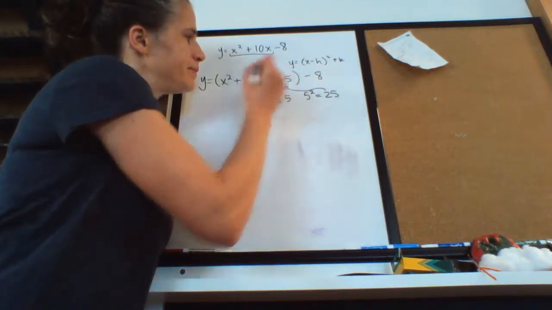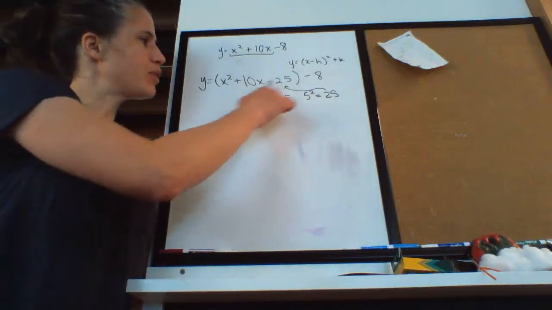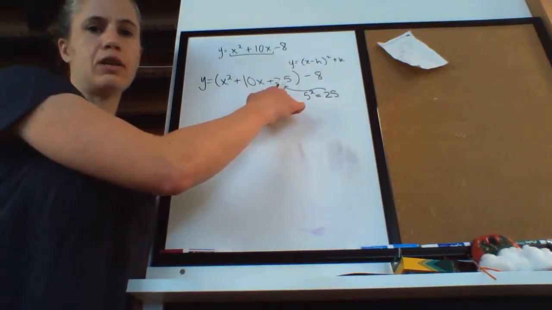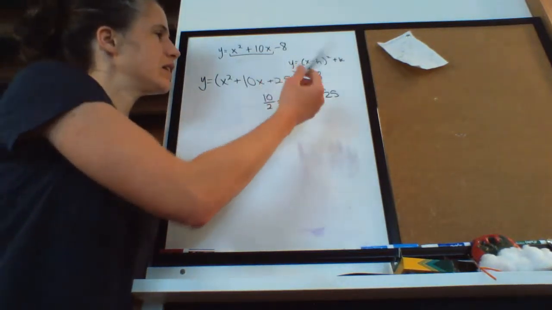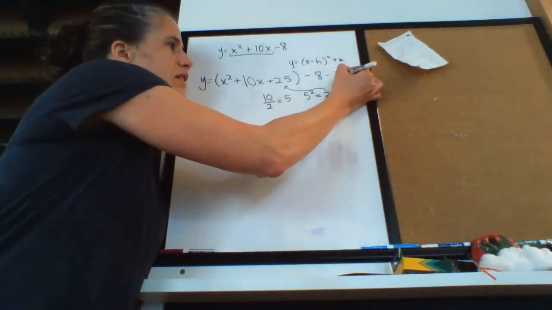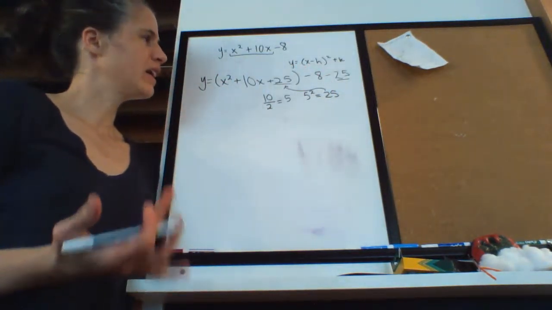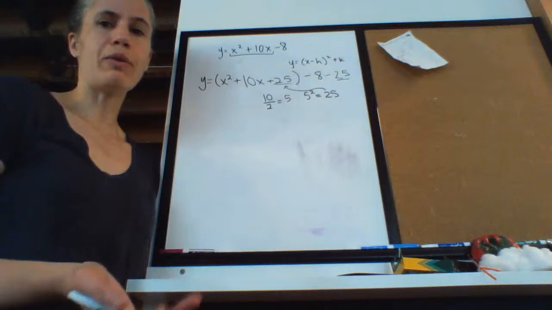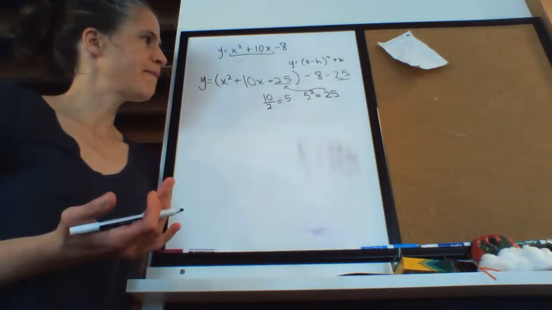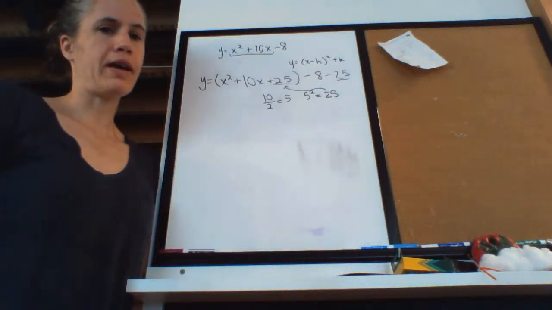And then we need to keep this equation balanced. Since I'm putting a 25 on this side of the equal sign, to keep it balanced, I need to do the opposite thing right there. So I'm adding 25, but also taking it away. I know that seems counterintuitive. Why would you add it and then also take it away? It's just so I can rewrite this part in parentheses in a different way.